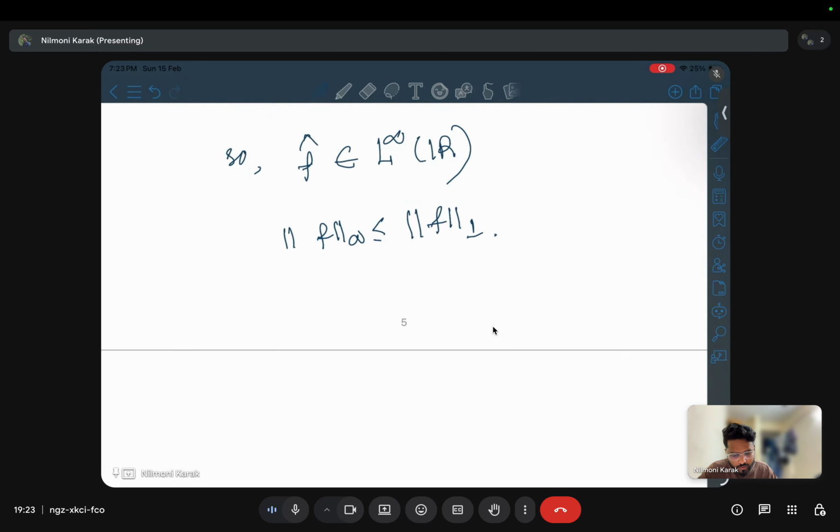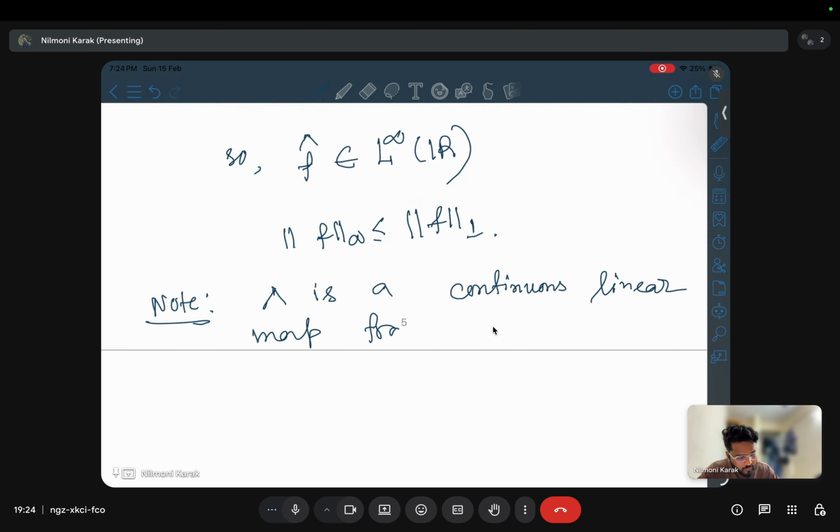This is simple, right? Note that this Fourier transform is a continuous linear map from L1(R) to L infinity(R).